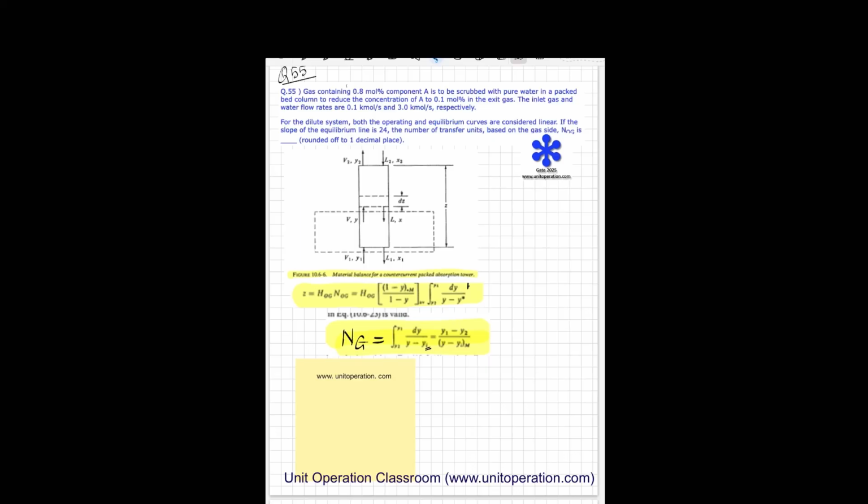1055. Gas containing 0.8 mole percent component A. So the gas here is the gas entry and it contains 0.8 mole percent A. So Y1 is equal to 0.008. It is to be scrubbed with pure water.